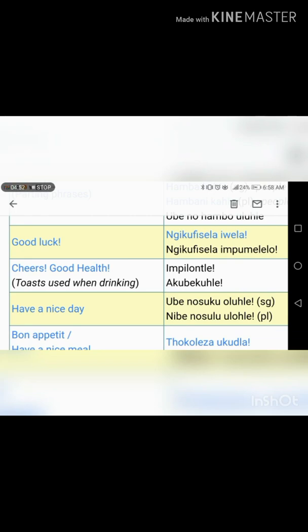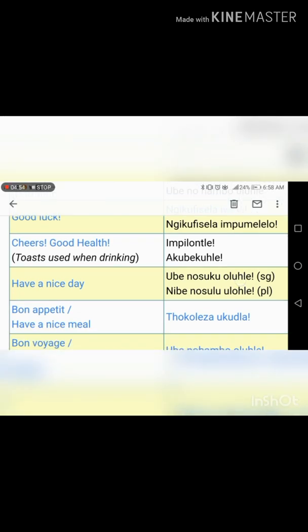You wouldn't normally use that on a normal day. Have a nice day. Ube nosuku oluhle, or nibe nosuku oluhle for many people.